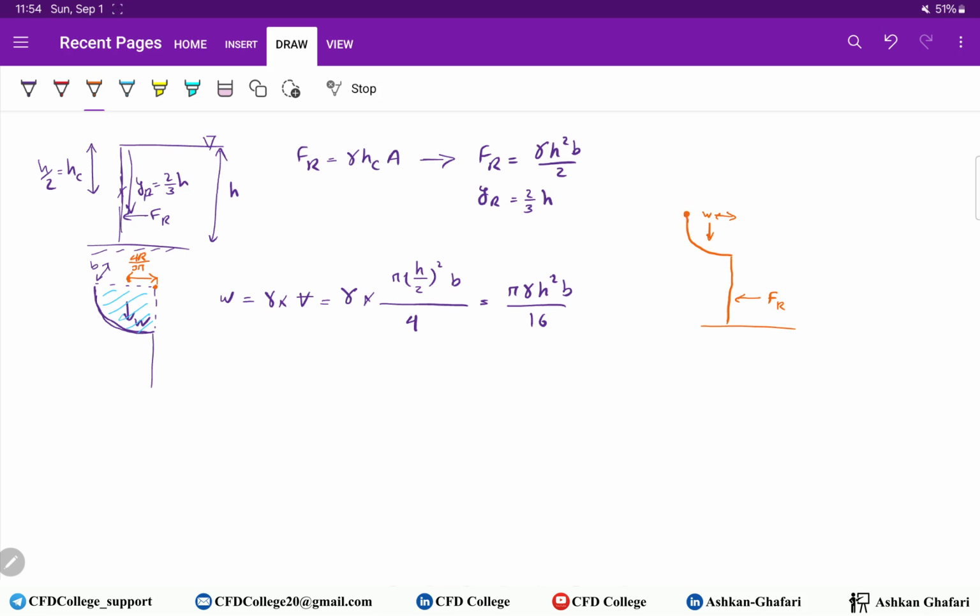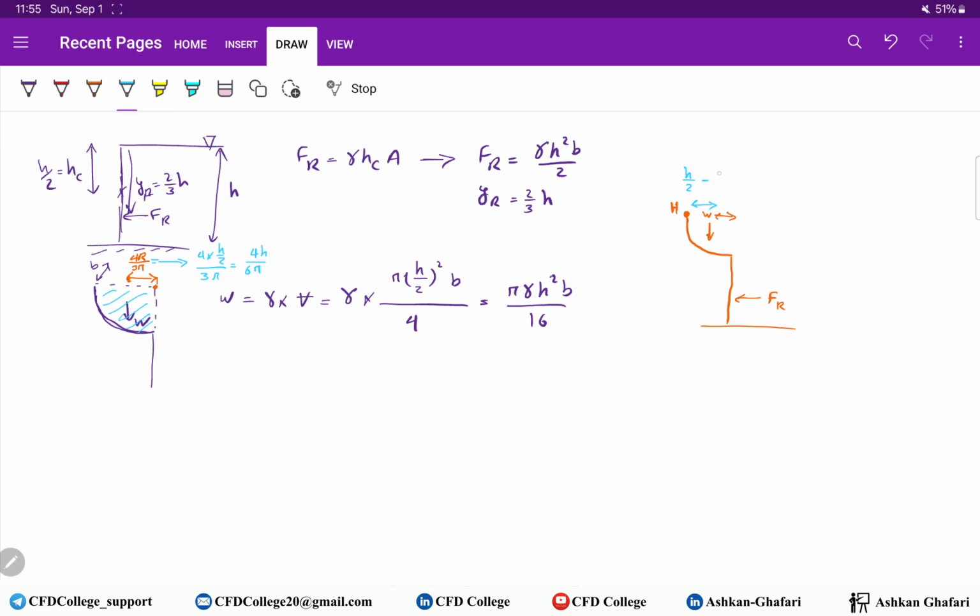But remember, the hinge is here, so we need to know this distance, which is h over 2, the radius, minus 4r divided by 3 pi. 4 times h over 2 over 3 pi equals 4h over 6 pi.